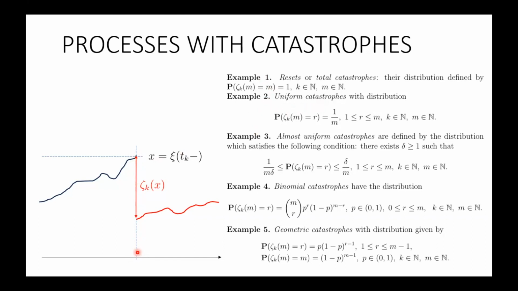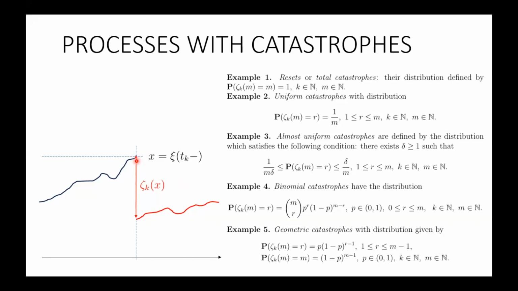Almost uniform catastrophes is some slight modification of uniform catastrophe. Binomial catastrophes are also very popular in the literature, especially for population processes, where x means that the size of my population is x, and in an instance of catastrophes, any individual has a positive probability to survive the catastrophes.